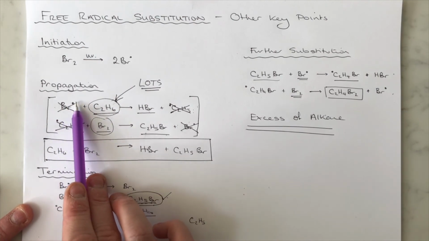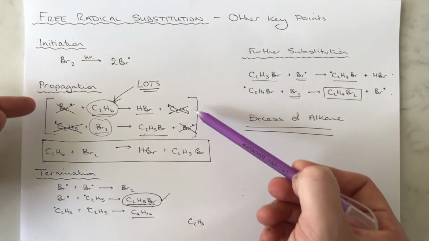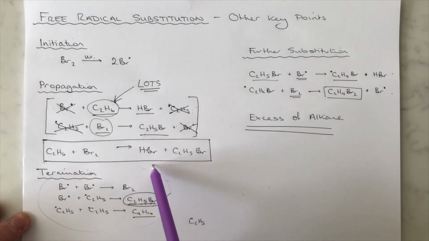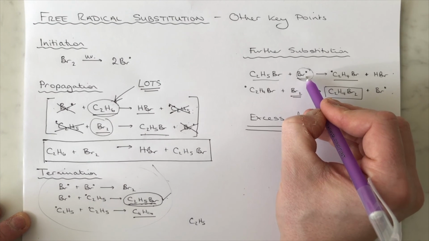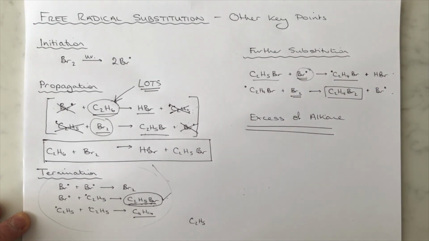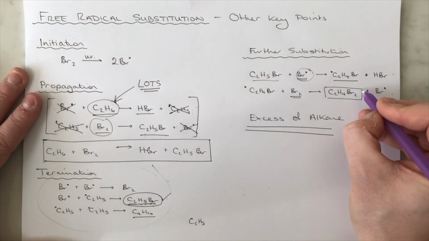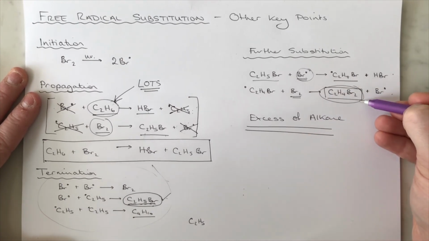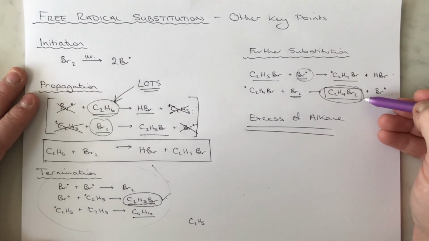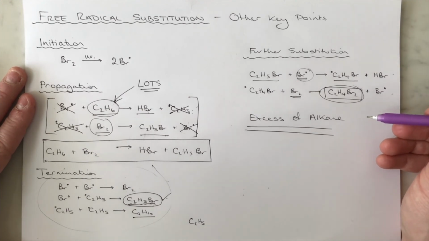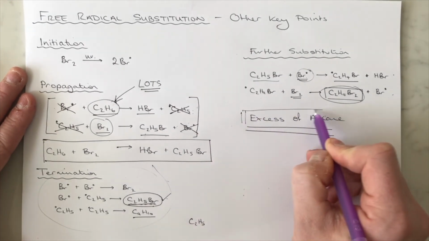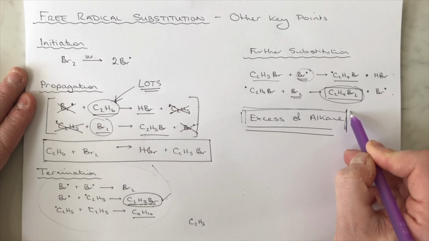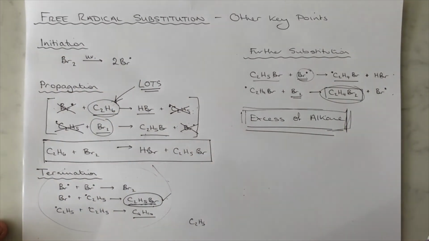And if all our bromine radicals are used up in the first lot of the reaction to result in these products, hopefully there shouldn't be many or any bromine radicals left over to carry out a further substitution step. Because theoretically, if our dibromoethane was to collide with another bromine radical, we could go through a second further substitution to make tribromoethane, and then tetrabromoethane, etc. So we want to stop that happening. So to reduce the chance of further substitution, you just use a large excess of whichever alkane it is that you're using.